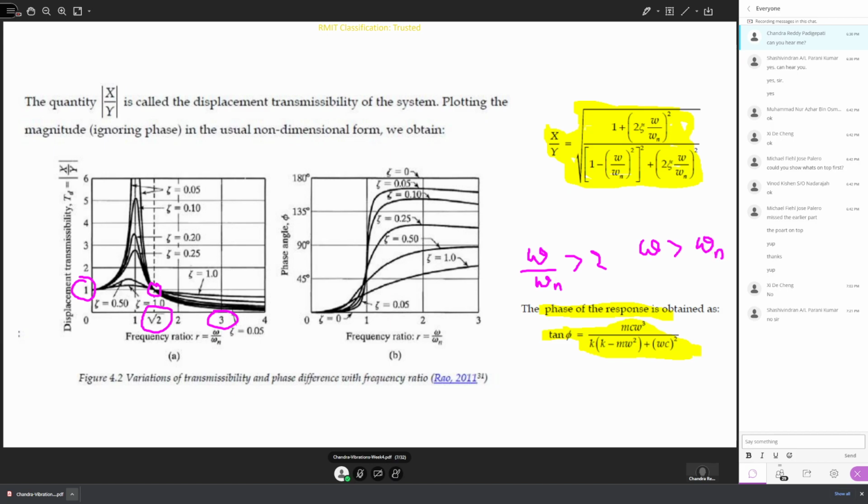So when the external frequency is greater than the natural frequency of the system, you can see the amplitude ratio is below 1.